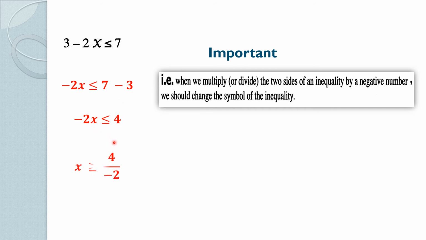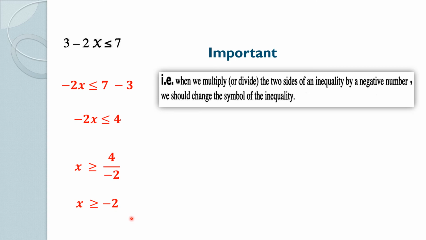Here we have x more than or equal 4 over negative 2. Why do we change? Because we divided by a negative number. So x more than or equal negative 2.